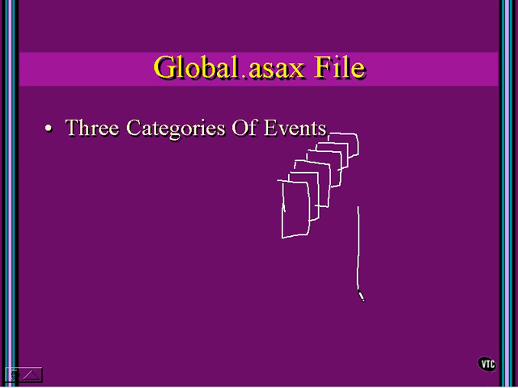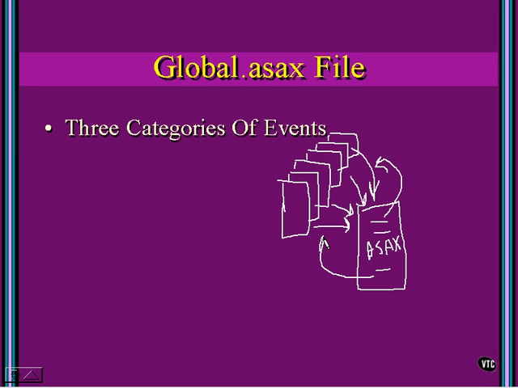There is one global ASAX file out here, and any of these pages can see this global ASAX page. Not only that, but this ASAX page has events that get fired that we can cause to do things out here to these pages. So this is kind of our one-stop shop for all kinds of issues and situations that need to be handled.